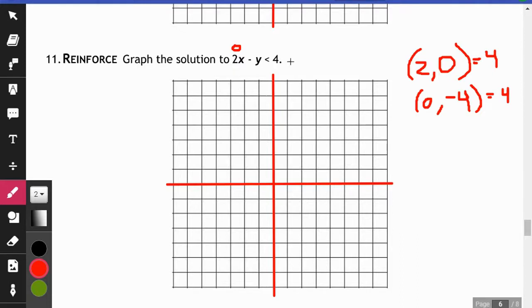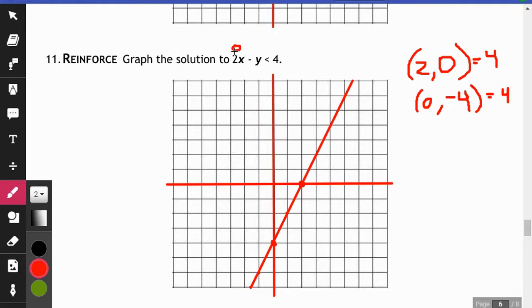Another thing we could do is subtract 2x and divide by a negative to turn it into y equals mx plus b, but that's another story. 2, 0, it's right here. 0, negative 4 is 1, 2, 3, 4, right here. And it goes like so. That's our line.